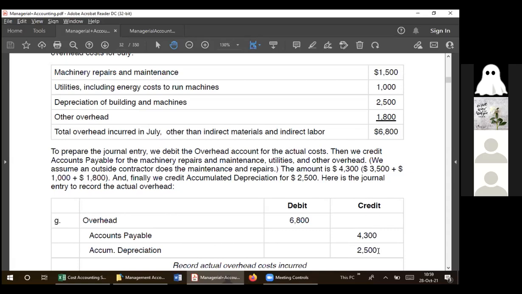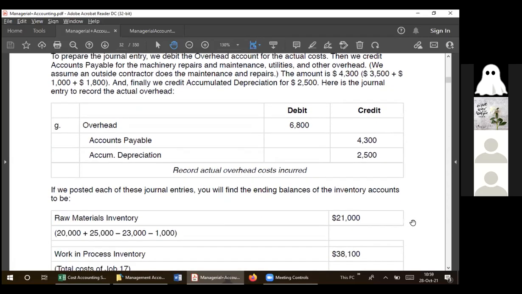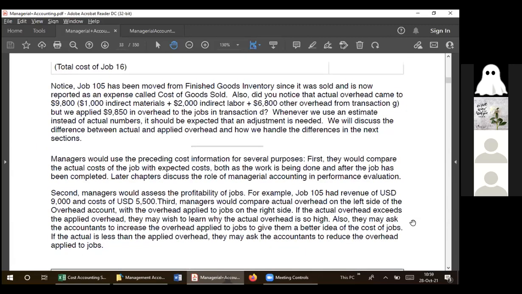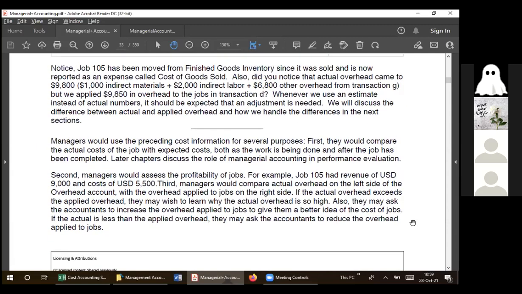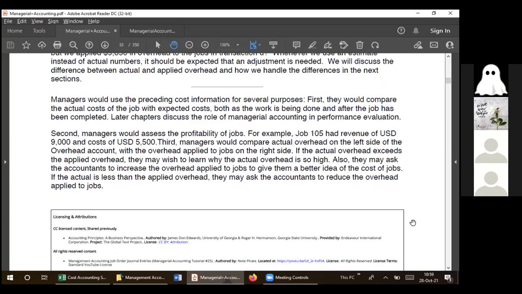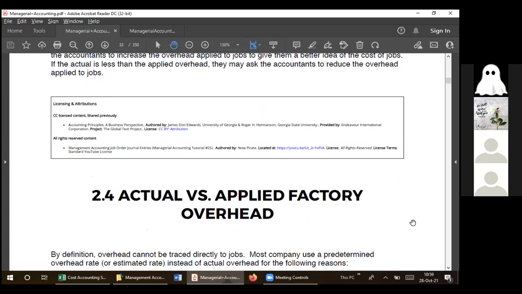Could be another way to solve this one. And our debit will be the overheads. That is expenses that we incurred. So those are journal entries, but we will skip that part.